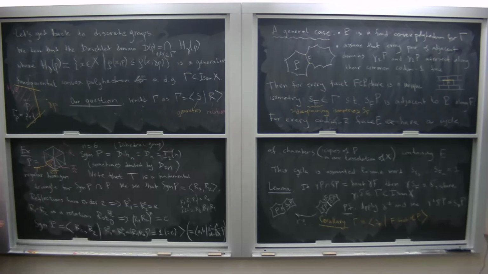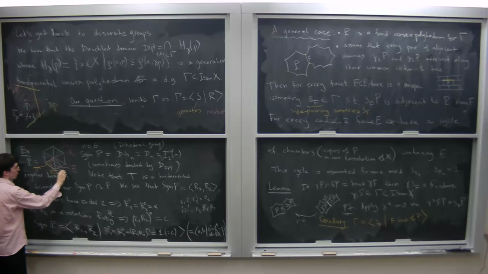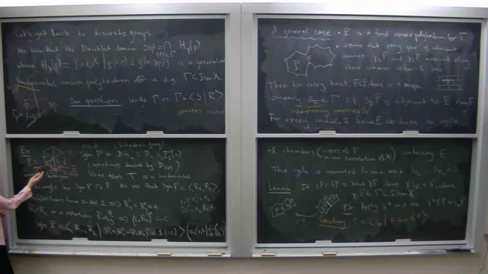Then this triangle is R1, R2 of T. If I first apply R2 T, I get here, but if I then apply R1, I indeed switch to this one.